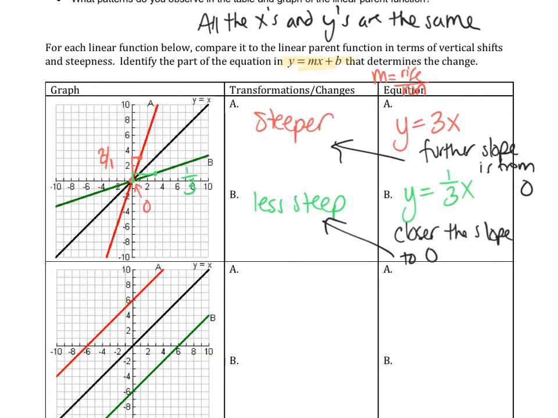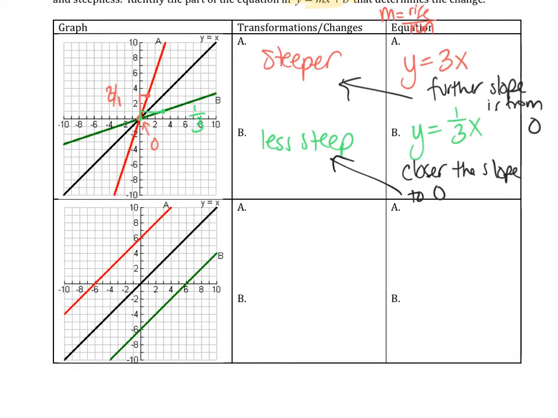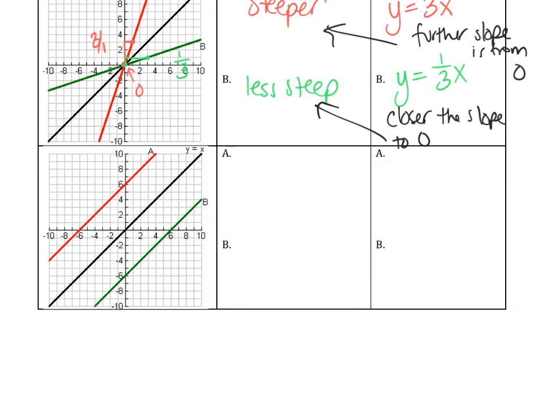In the next example, let's look at what we have for lines A and B. So in line A, in relation to the black function, notice that it has the same slope, so they're equally steep. I'm going to call that equally steep to the parent function, but it's at a higher point.